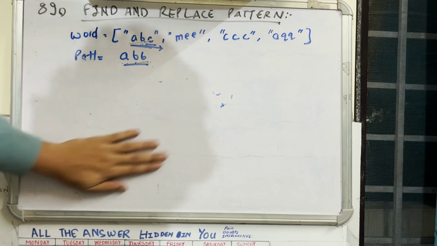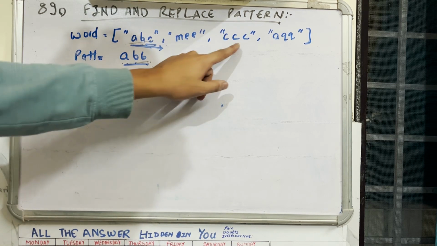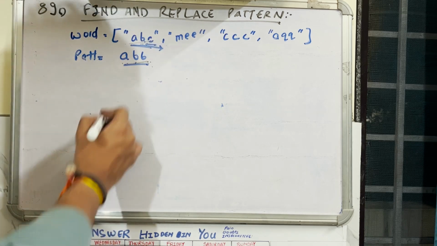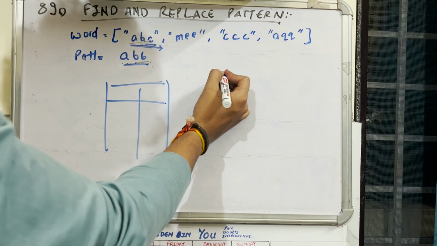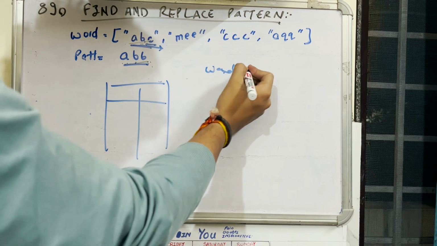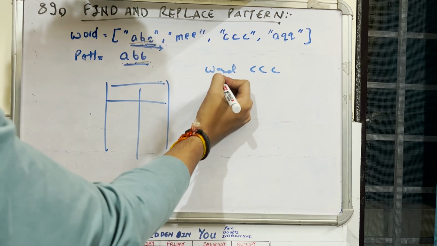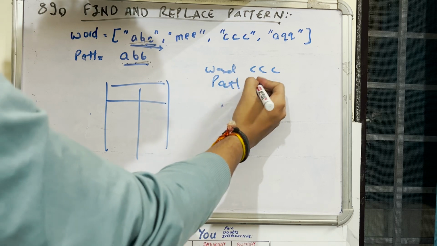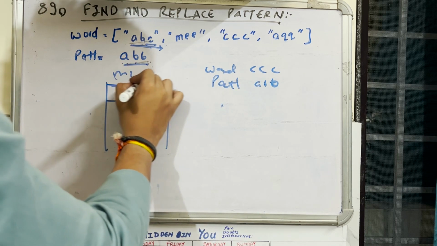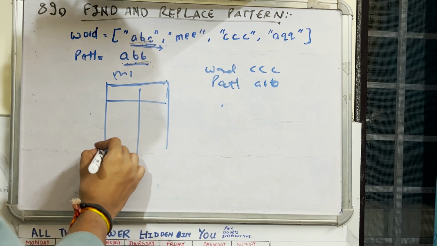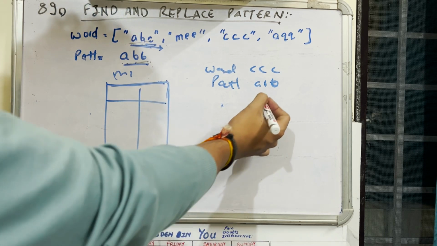This is a pretty interesting example, CCC. Let me give you the example. You have the word CCC, and then we have the pattern ABB. Let us suppose this is your hash map M1.